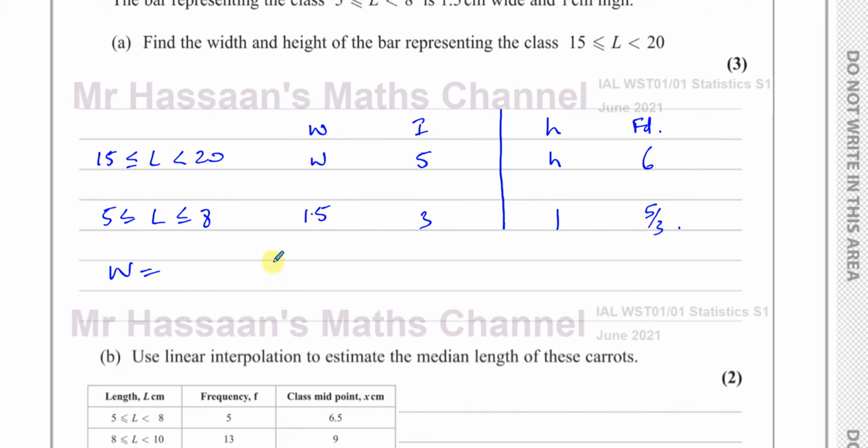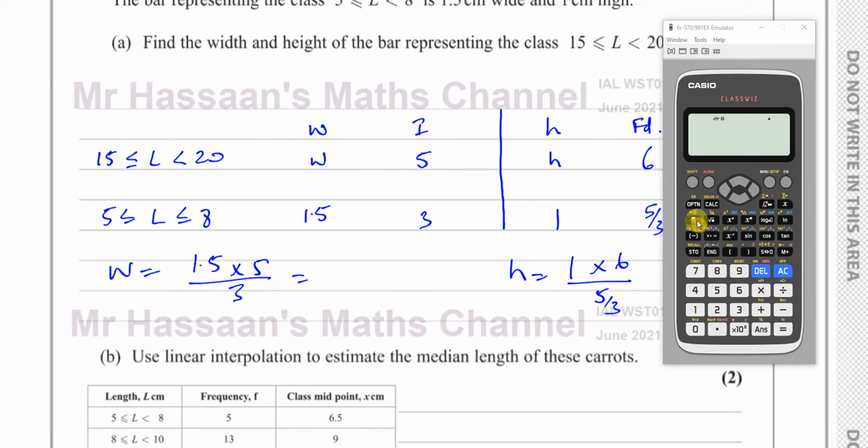So you can say 1.5 times 5 over 3. And for the height, a frequency density of 5 over 3 is represented by 1 centimeter, so a frequency density of 6 is represented by H centimeters. Again, we can cross multiply: 1 times 6 divided by 5 over 3, and that will give us our answers.